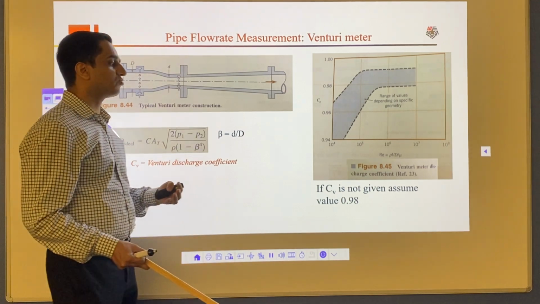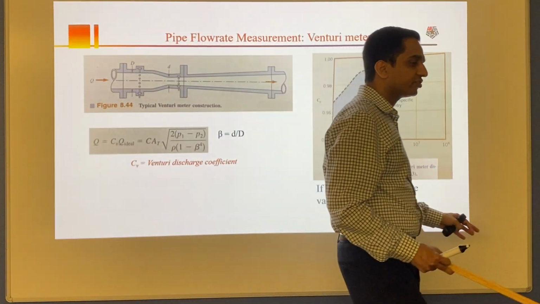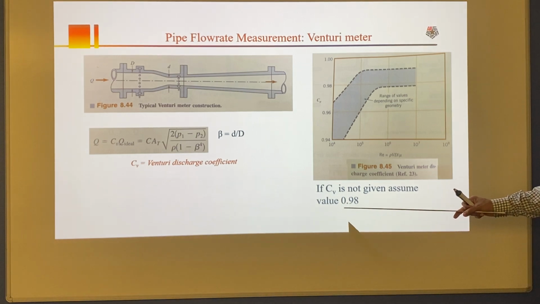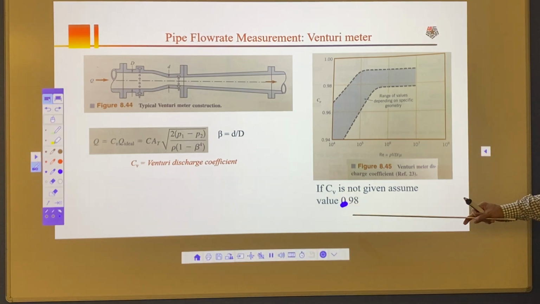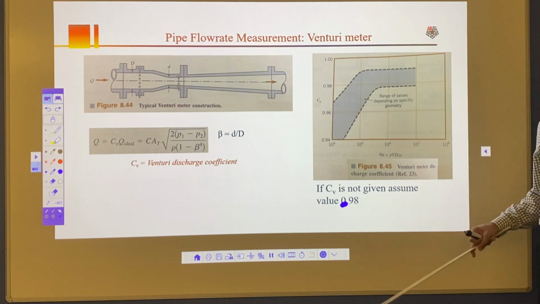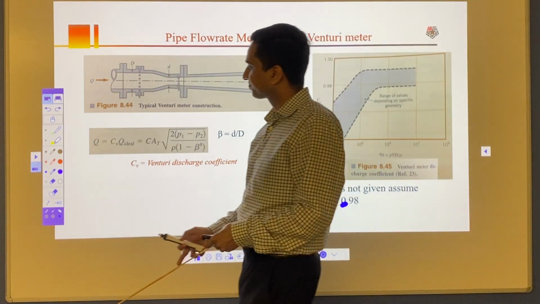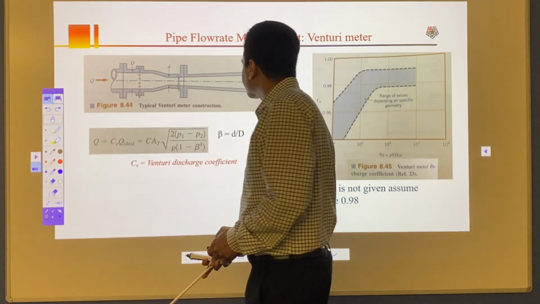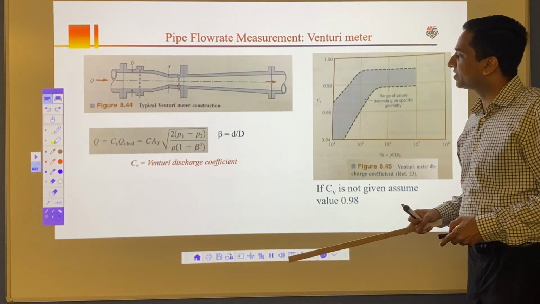Normally Venturi meters are very accurate devices, so if the Venturi discharge coefficient is not given for some reason, you can simply use a value of 0.98 or 0.99, and then you can solve these problems. Now that's your pipe flow rate measurement devices.